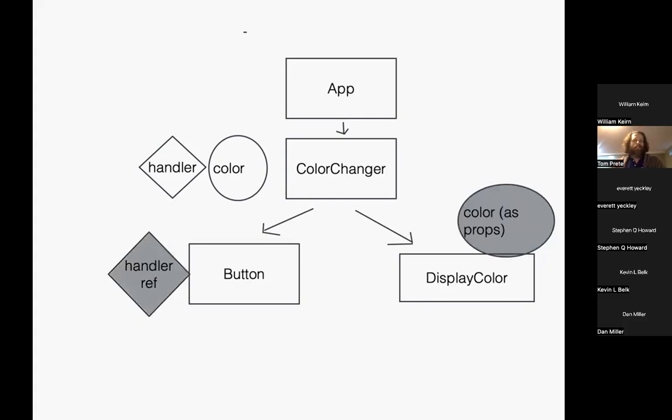So we have the reference to the handler being passed from color changer to the button, so that the button can use it. And then we have color changer passing whatever the state is as a prop down to display color. So this allows us to essentially make these sibling components dependent on each other without violating the rules of React. Any questions about that? I'm sure that it's very confusing.